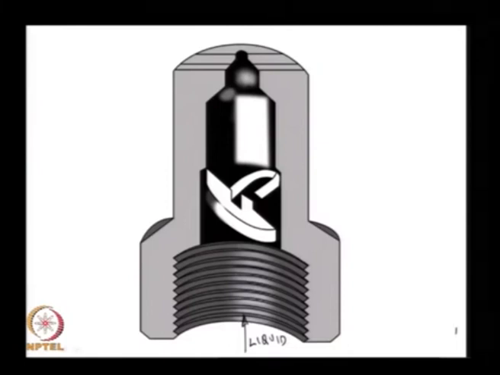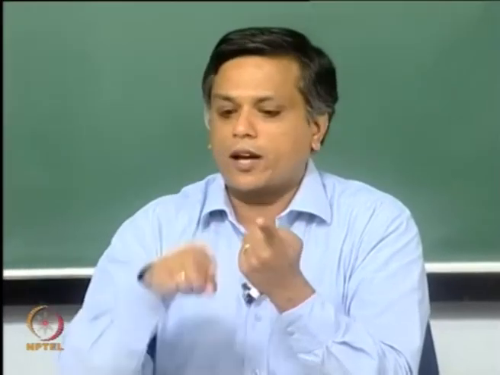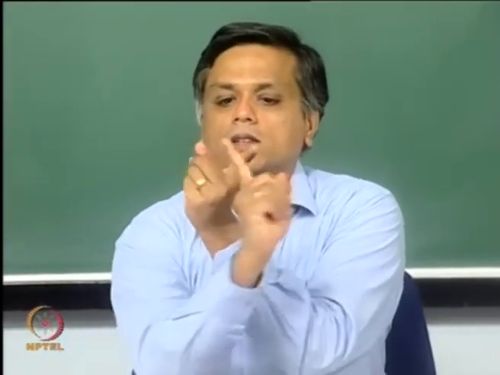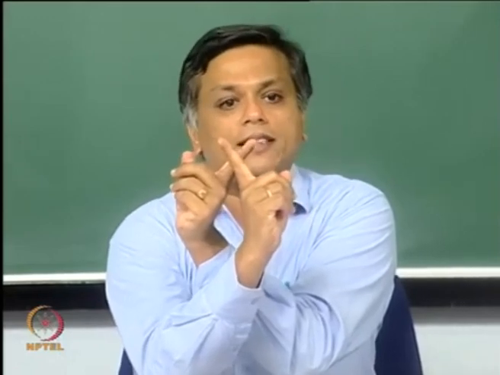What we are seeing here is a cut section of the nozzle itself, and there is an insert. This is typically called a swirl insert, that is responsible. It is sort of like two vanes that are oriented as an X.